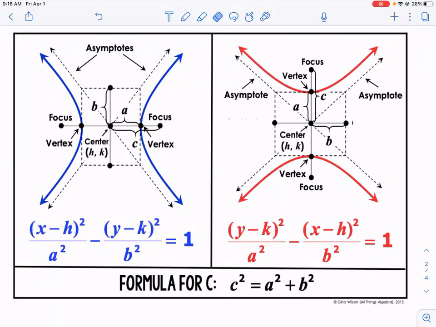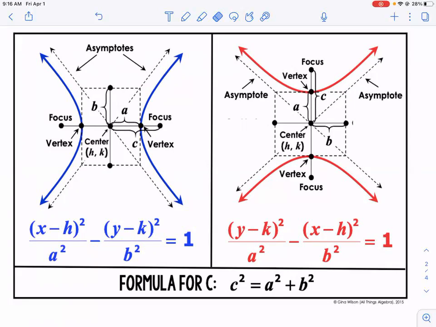So notice how in the horizontal one, x minus h squared is the positive one, and we're subtracting y squared. In the vertical one, y minus k squared is the positive one, and we're subtracting the x squared, okay? So whichever variable is positive, that's the direction that it opens.